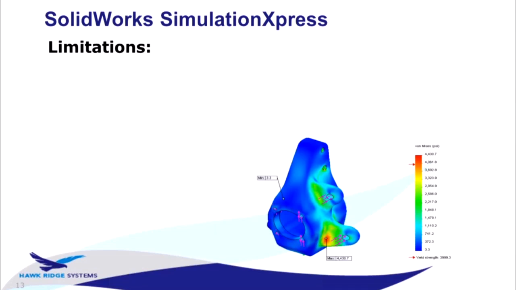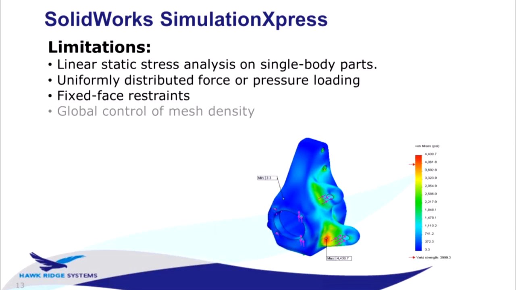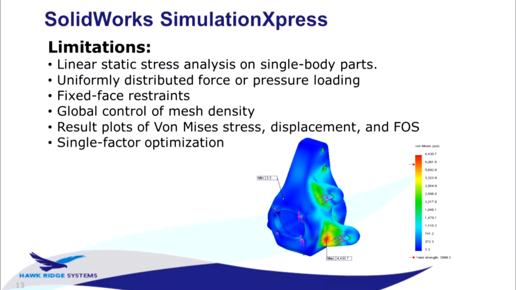Every single license of SOLIDWORKS has a limited stress analysis tool. It's called SOLIDWORKS SimulationXpress. It uses the complete analysis engine that we're going to talk about today, but it has some limitations. It has a very similar interface to the complete analysis tool, so you do things pretty much the same way. But these limitations are that it can only run stress analysis on single parts.